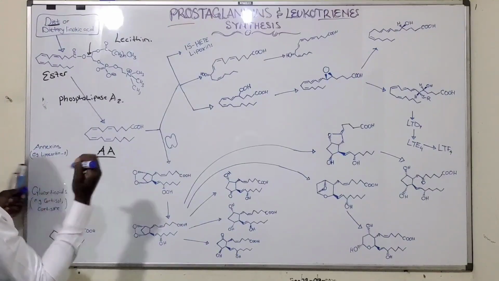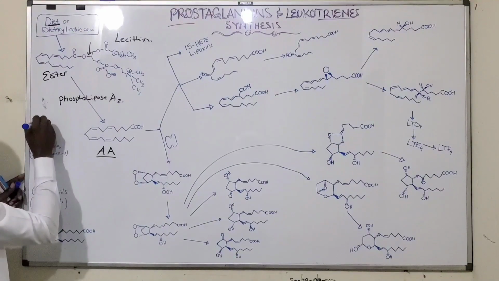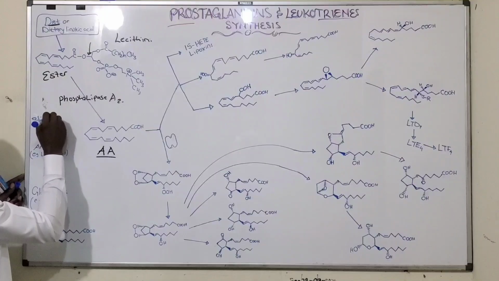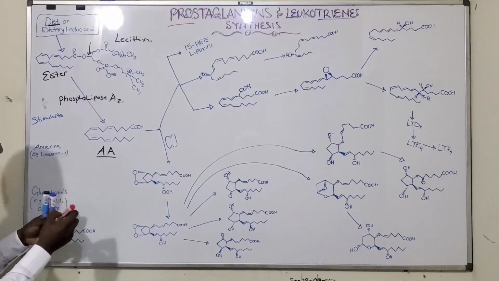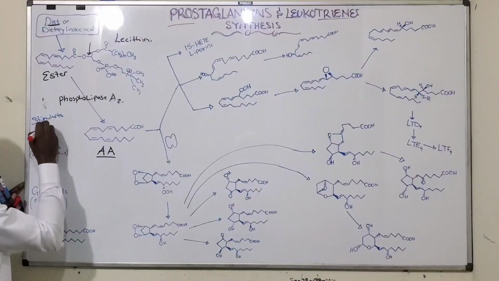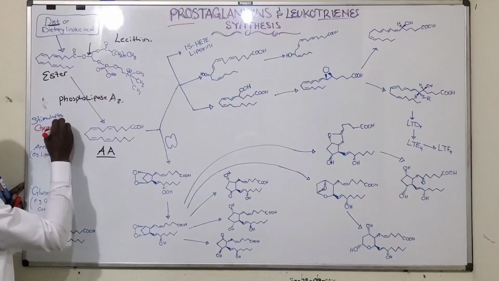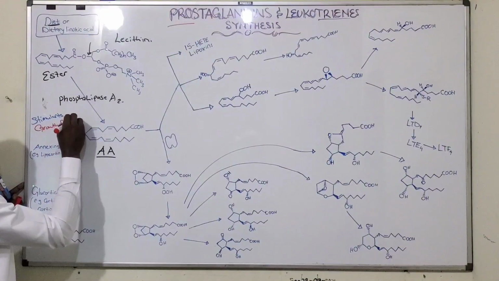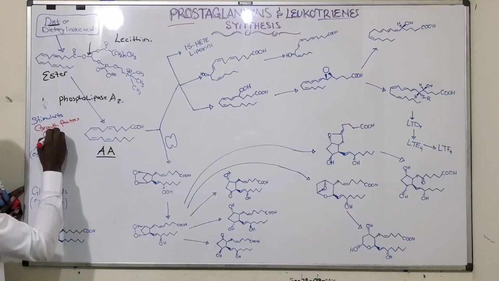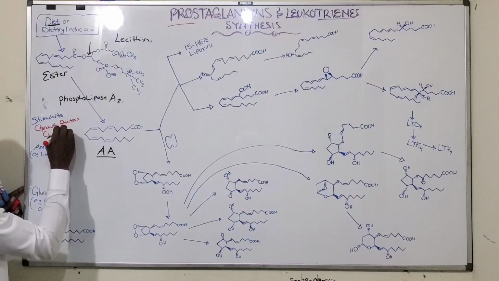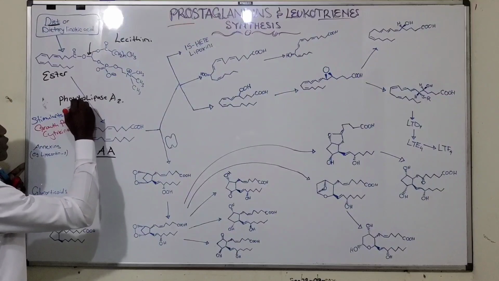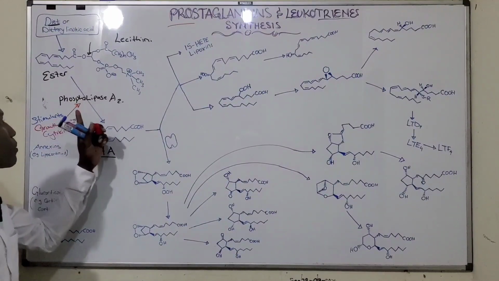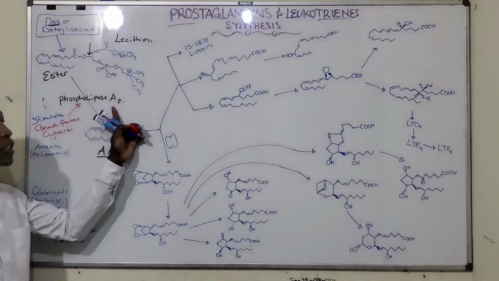This is through stimulants, for example the growth factors and cytokines. These are the stimulants which lead to the production of phospholipase A2.